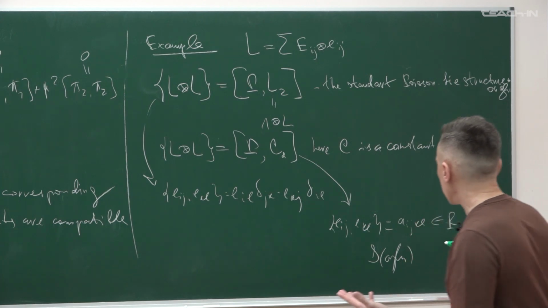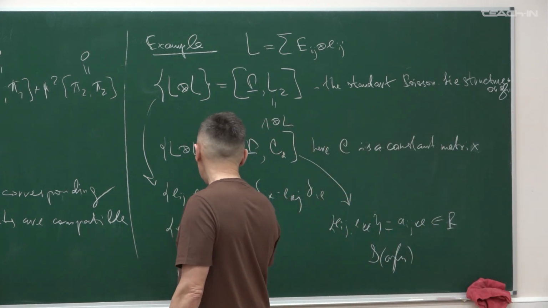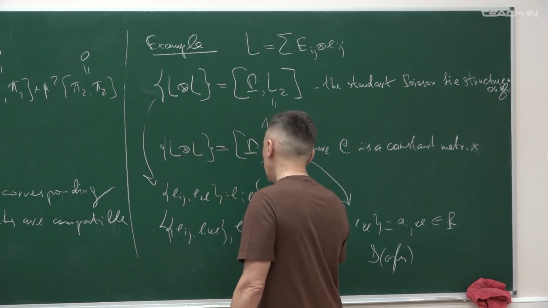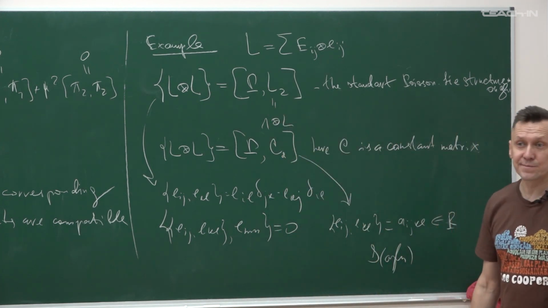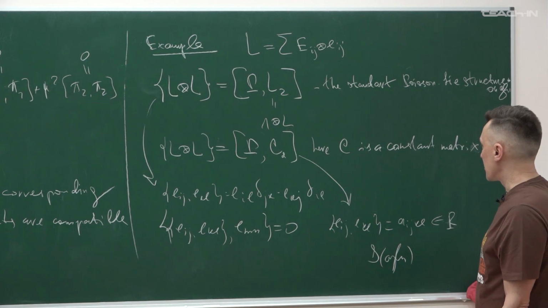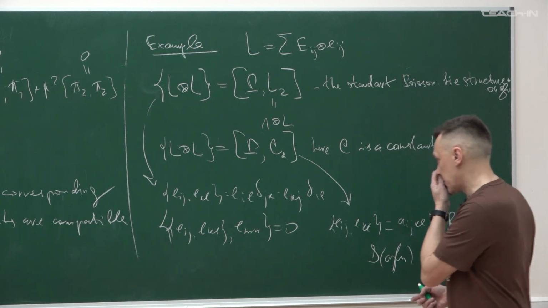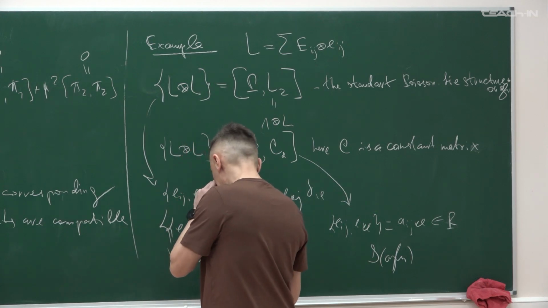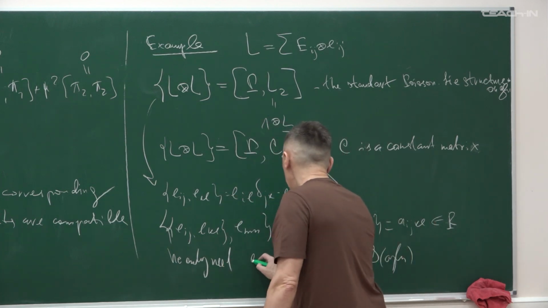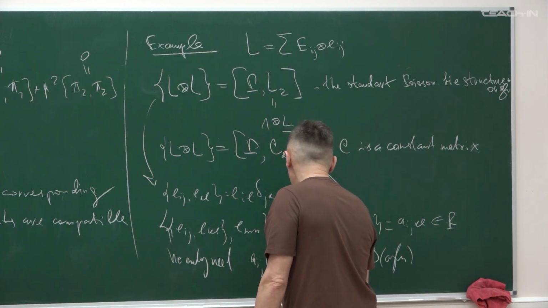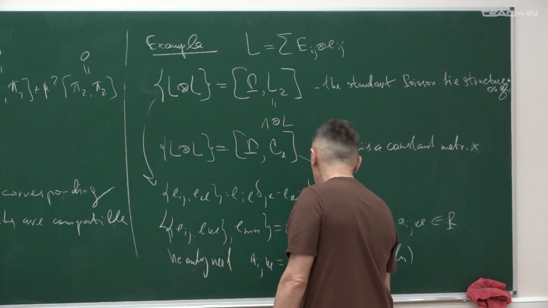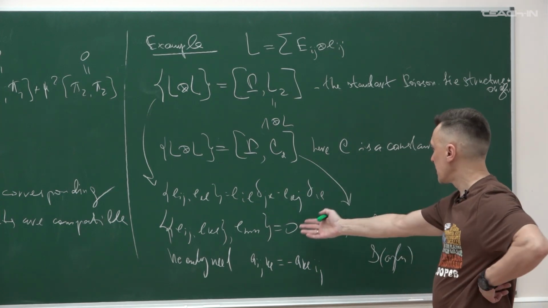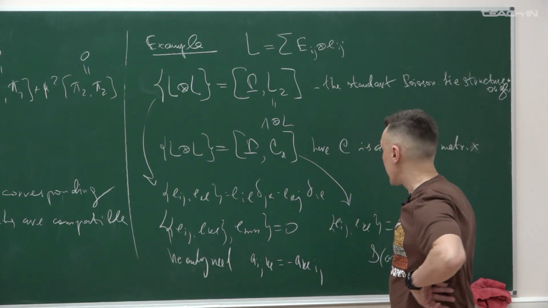Okay, so if you consider E_ij, E_kl, E_mn, it is always zero because these are constants. So the only thing to ask is the skew symmetry of this matrix. So we only need that A_ijkl is equal to minus A_klij. That's all. If you have such a matrix, this is the Poisson bracket.